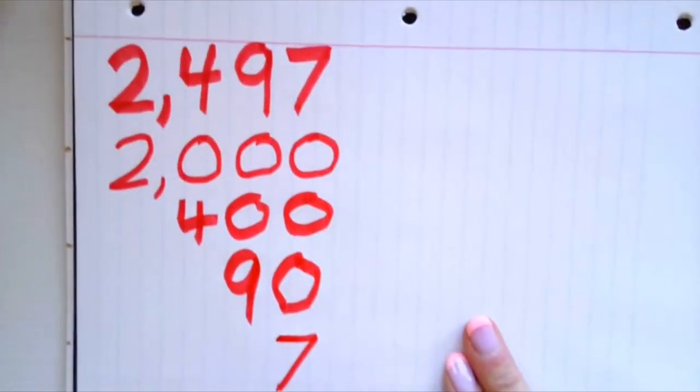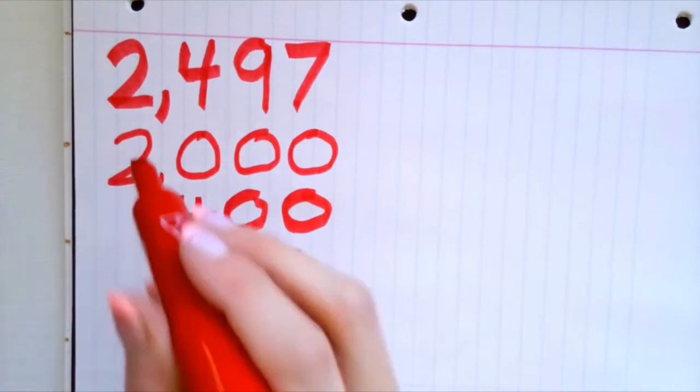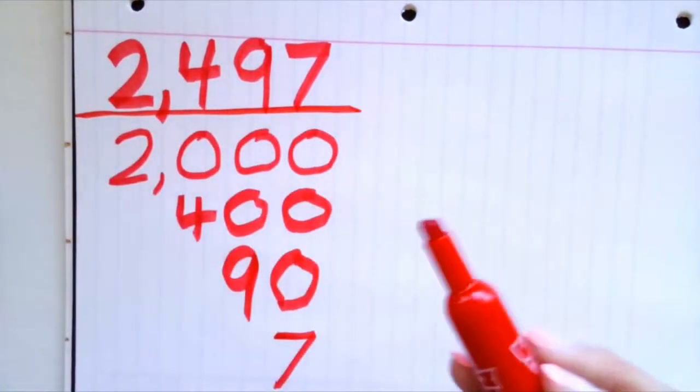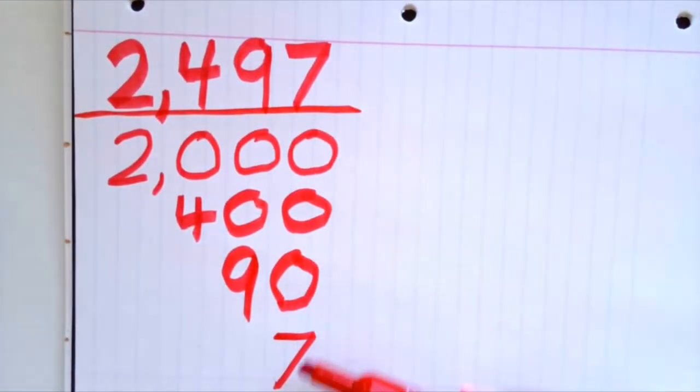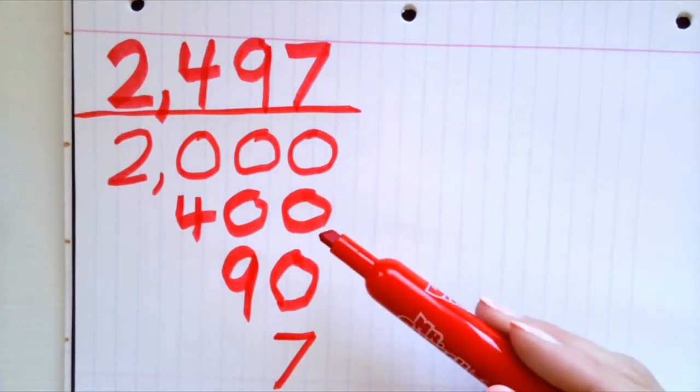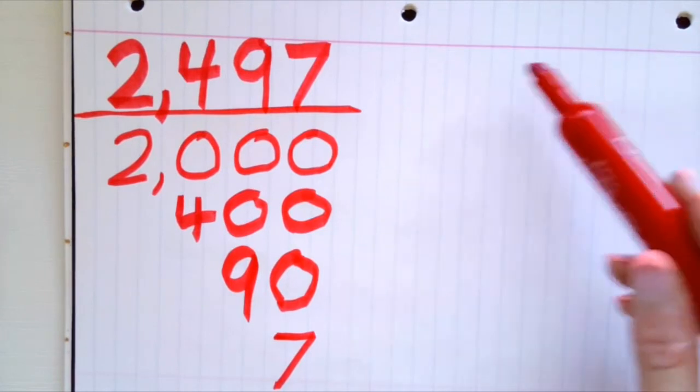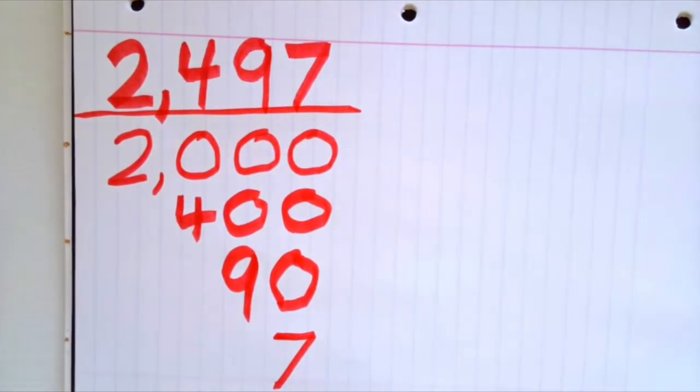So why have we written this out in expanded form? Understanding the value of each digit will help us determine just how big this number is. When we do the other number on this side, we can also write it out in expanded form and we will be able to see a comparison between the two.